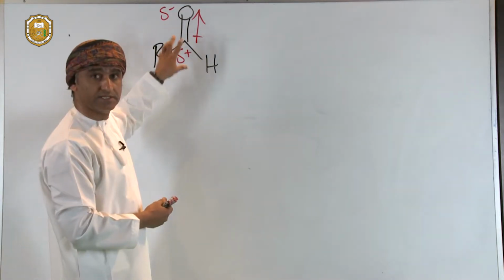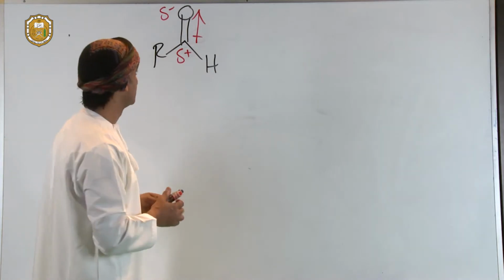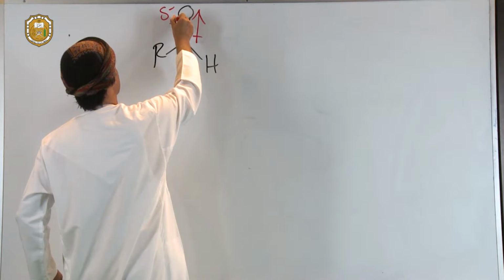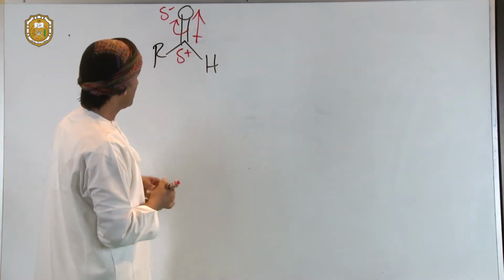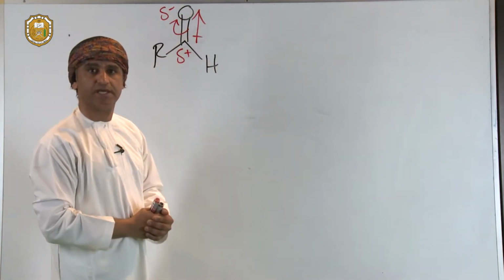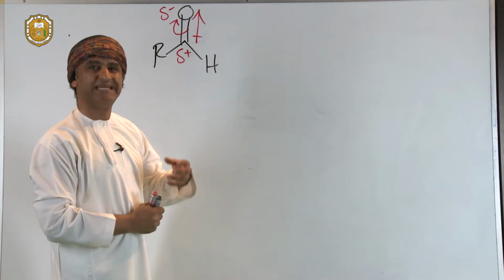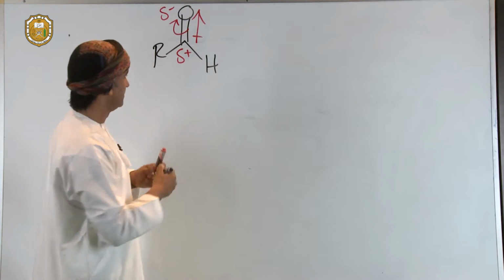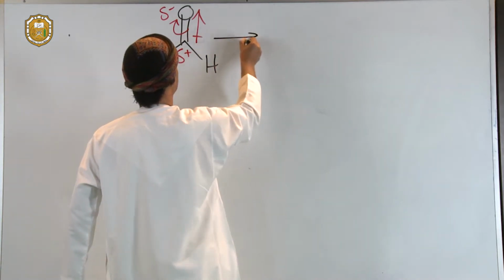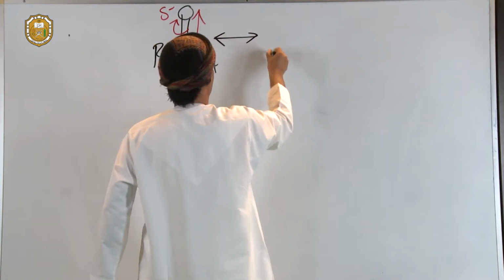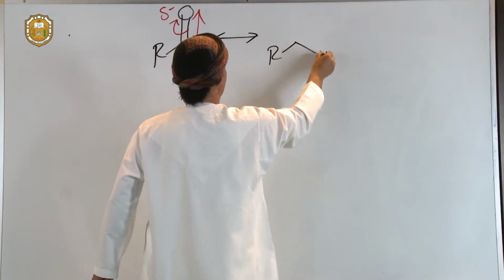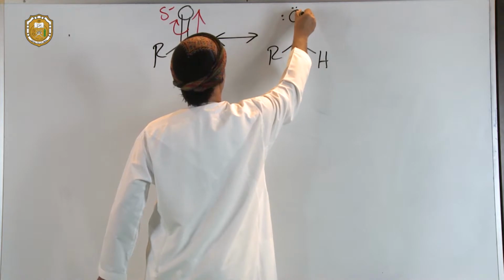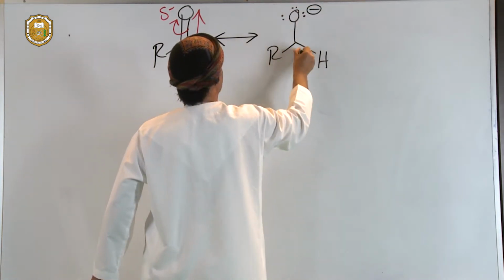Not only is there inductive withdrawal, there is also resonance withdrawal. We can also draw another resonance structure by breaking that carbon-oxygen double bond and releasing the two electrons on oxygen. Therefore, we can draw another resonance form for this general structure of aldehydes.